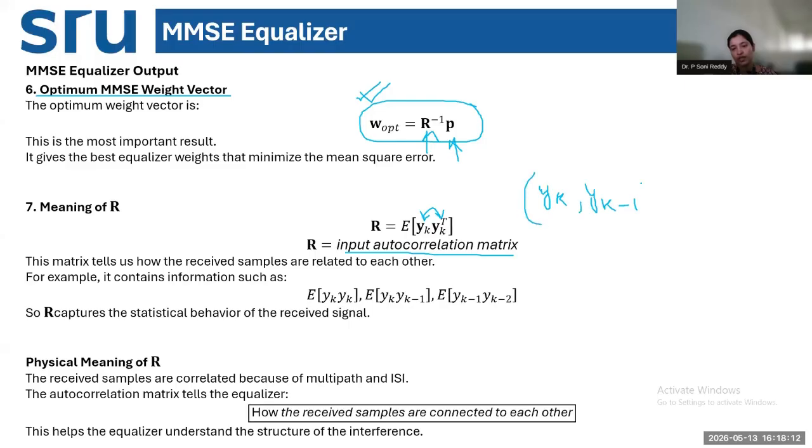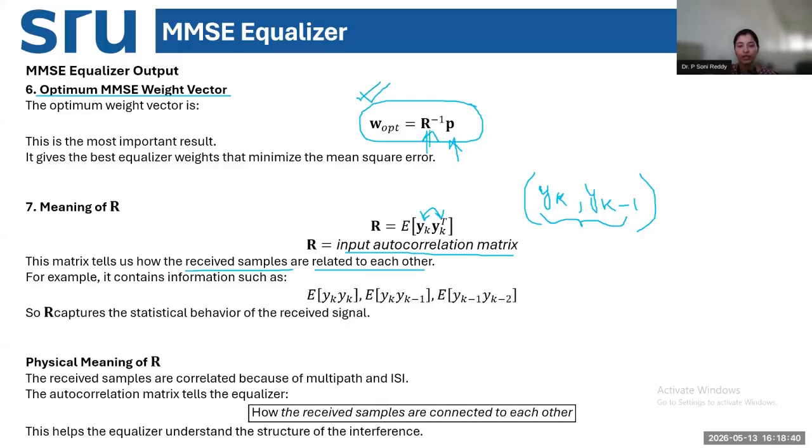Correlation means what is the similarity between these two factors here. Okay. So similarity means I'm trying to see how much of these two factors are the same as each other. So I'm trying to extract some information amongst them. So we are trying to see how much the received samples are related to each other. Okay. So we are trying to get this analysis from the received signal.